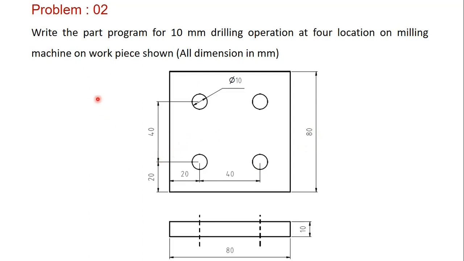What the problem says: write the part program for a 10 mm drill operation at 4 locations on the milling machine on the workpiece shown. They have given rough dimensions: this is 80, then this one you have to calculate, 20. The distance between the two holes is 40, the remaining is again 20, this is 20, again 40, the remaining is 20, this is 40, and the depth of the workpiece is 10 millimeter.